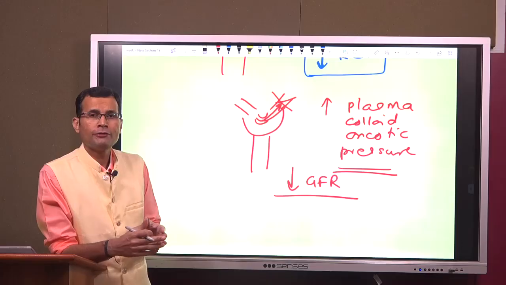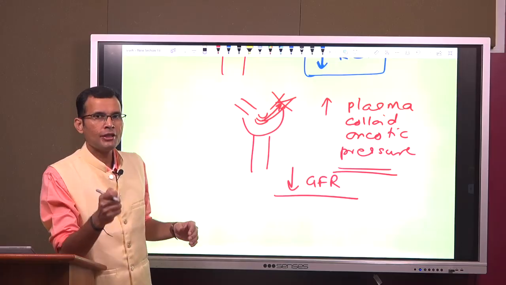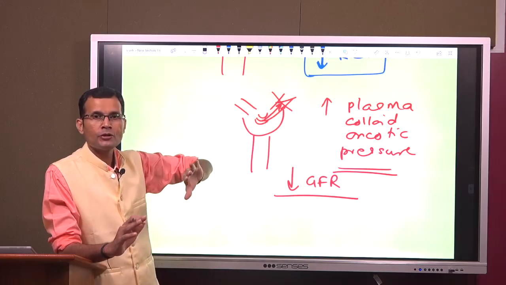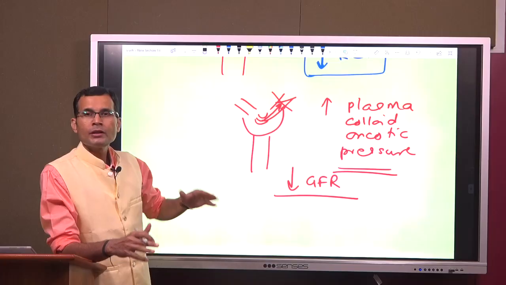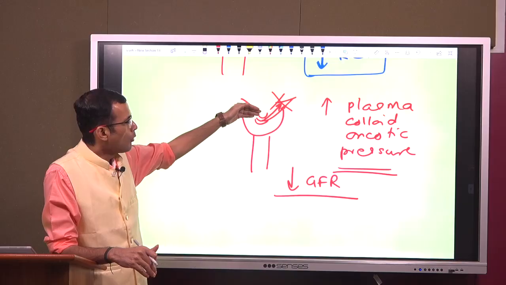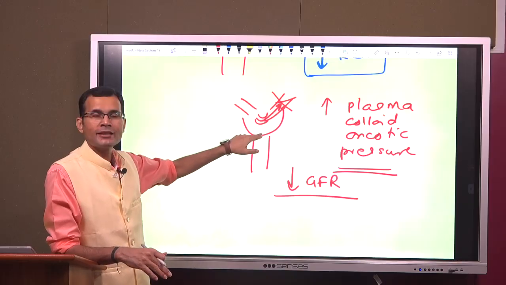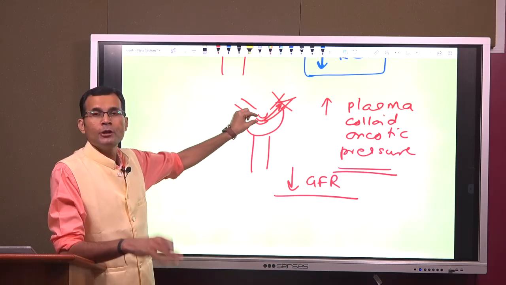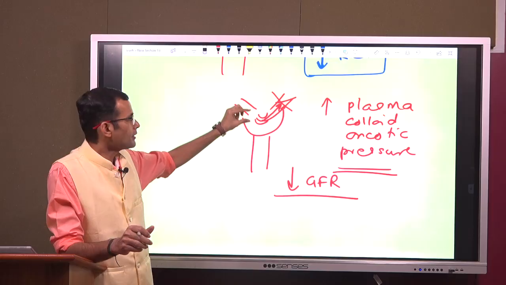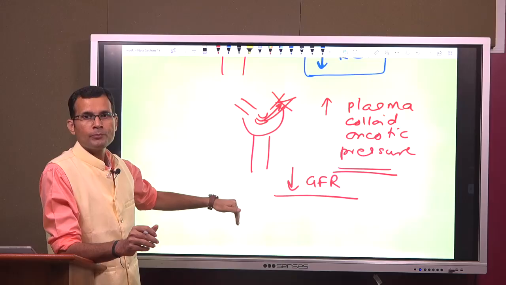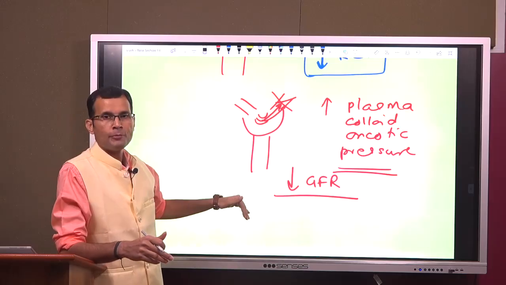And also the fact that initially when the efferent arteriole constricts, filtration rate had increased. So, more fluid came into the Bowman's capsule, and less plasma is staying in the glomerular capillaries because more and more filtrate was formed.